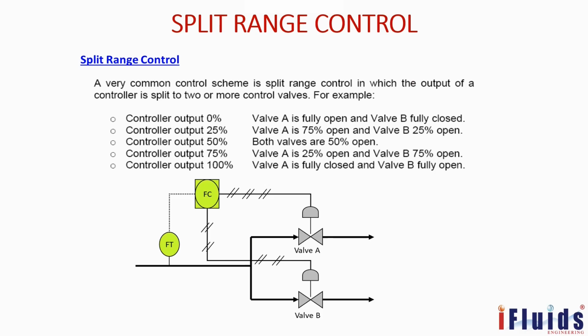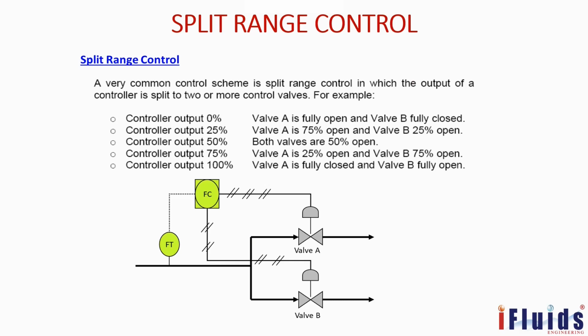So at that time there are two valves, A and B. Valve A is in the main gas line, and valve B is in the flare line or recycling line or vent line. According to your control output, one valve will open and the other valve will close, and in different scenarios it will vent some of the gas so that the main process gas will be intact for our desired output.